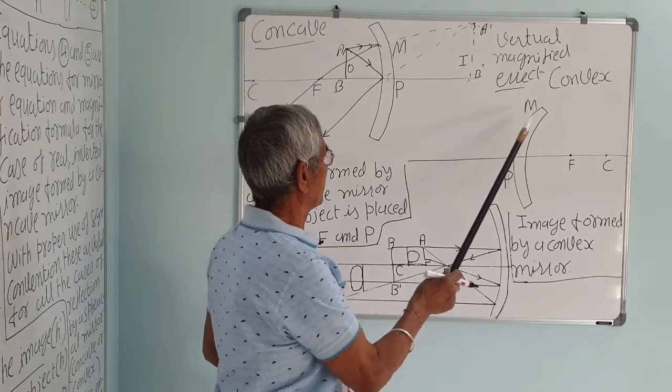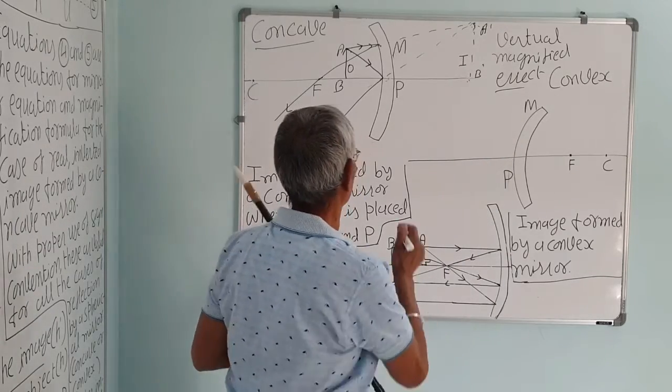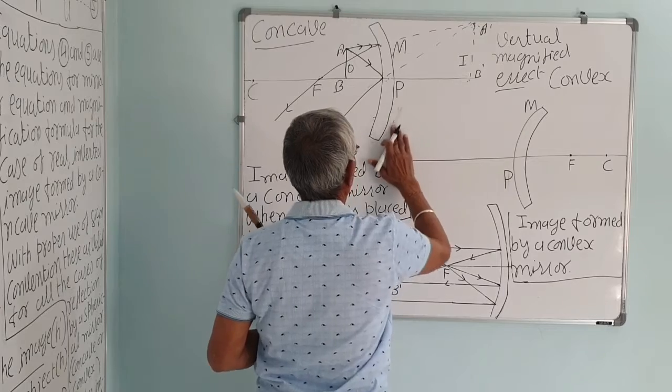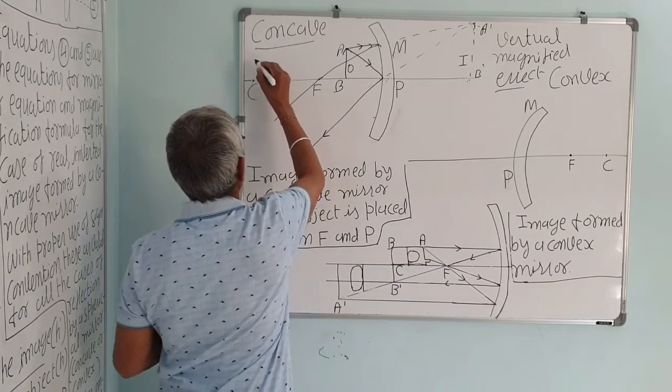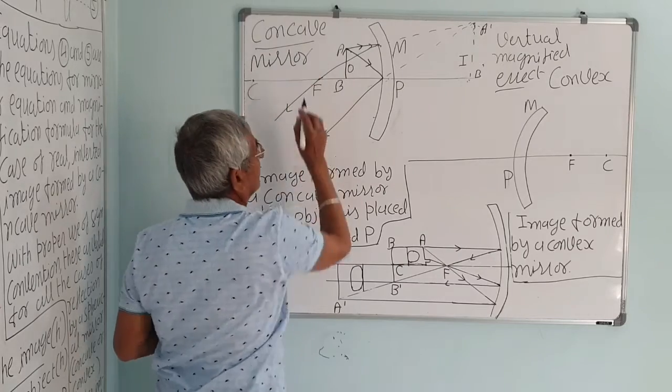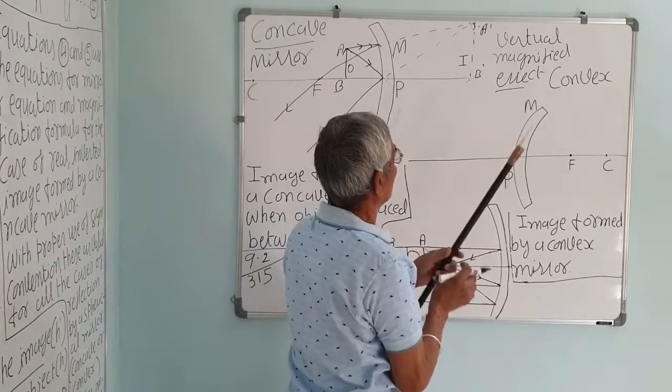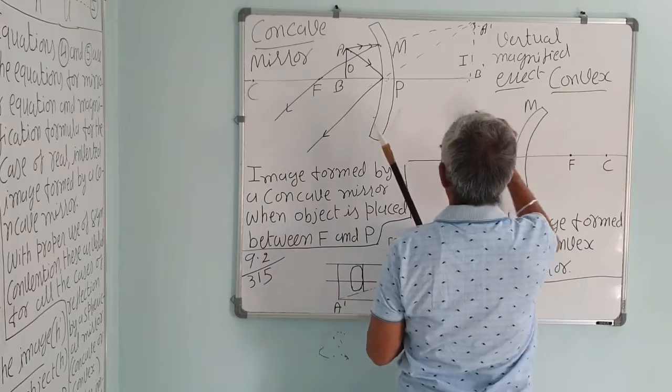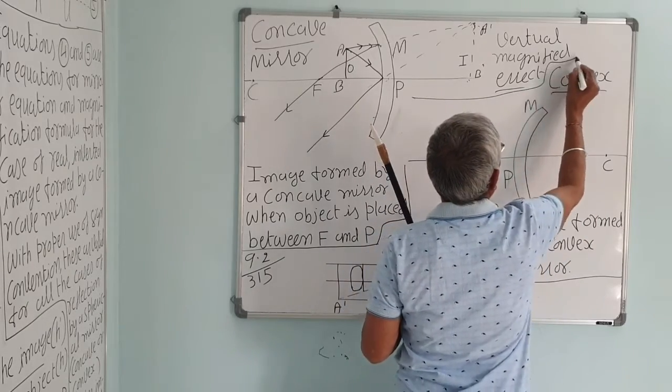Now in the case of the convex mirror, this is a convex mirror, and this is a concave mirror. Now let us see for a convex mirror.